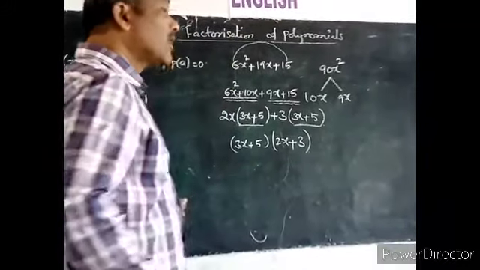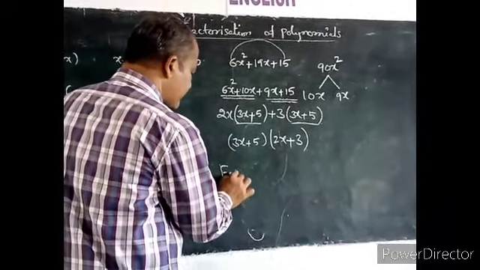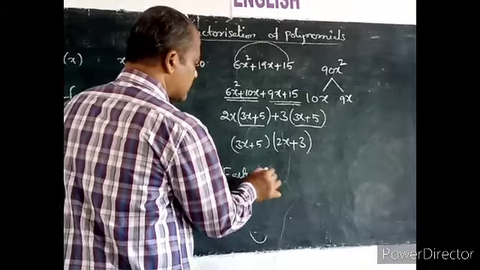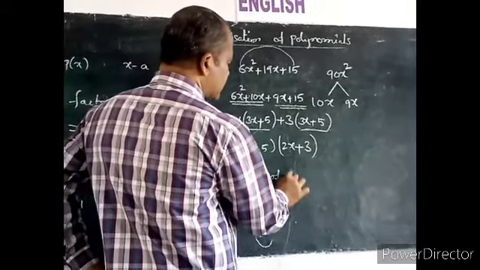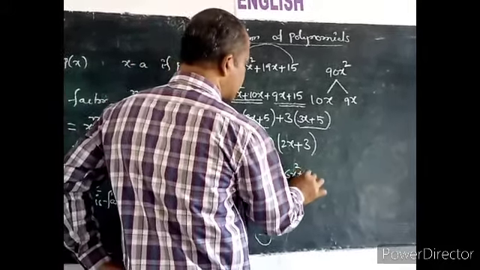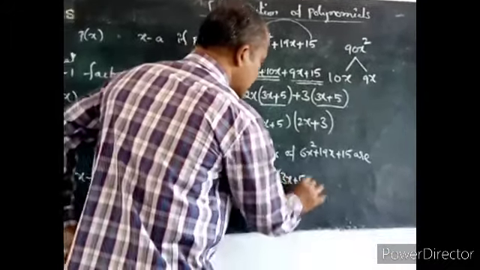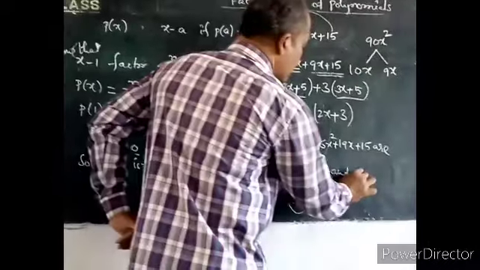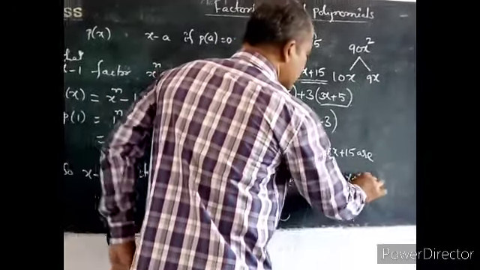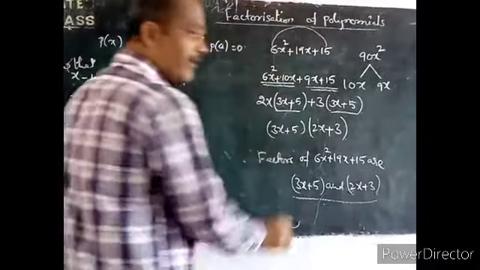Therefore, the factors of 6x square plus 19x plus 15 are 3x plus 5 and 2x plus 3. These are the factors.